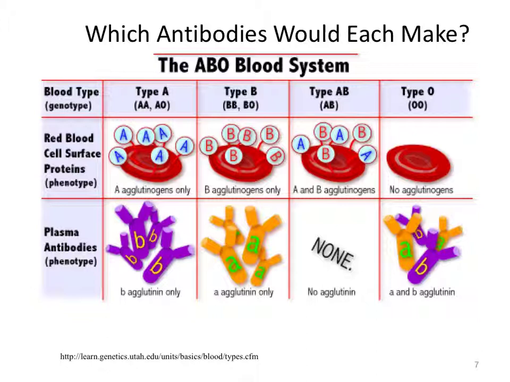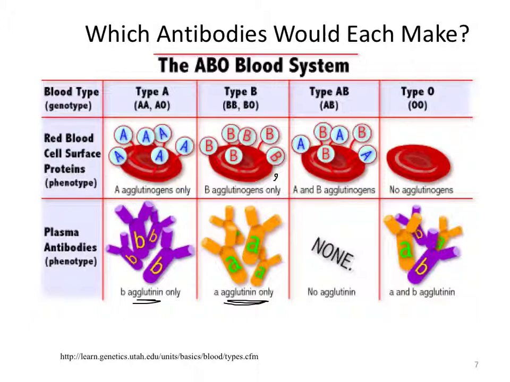And that's what's shown here. Similarly, if you are a type B blood type, it means your genotype is IB IB or IB i. You will make B-type antigens on the surface of your red blood cells. That's what's shown here. And you will make anti-A antibodies, which is what's shown down here.